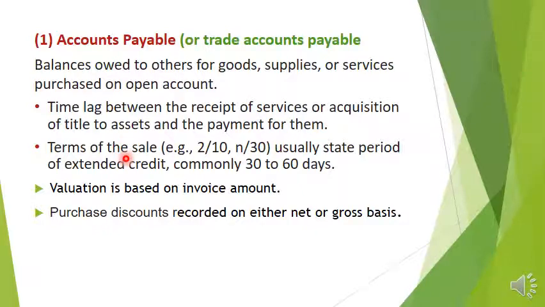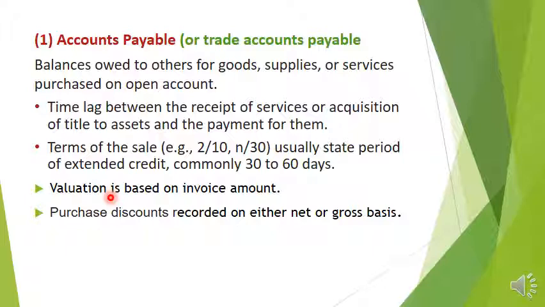Terms of the sale, for example, 2% discount if the payment is made within 10 days and the total period is 30 days. Usually states the period of extended credit, commonly 30 to 60 days.